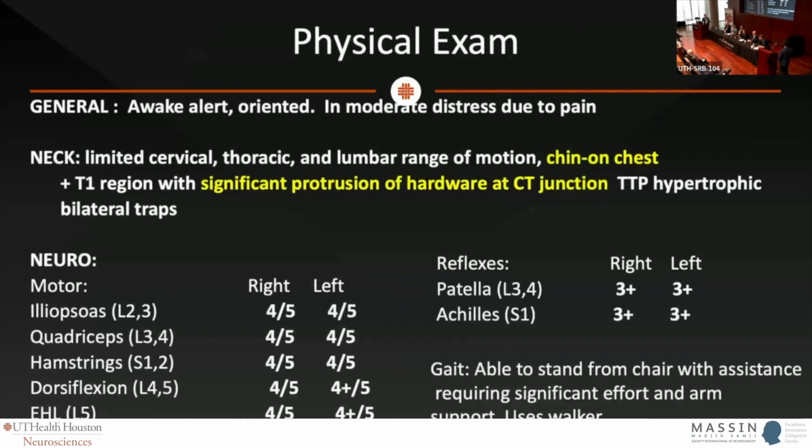On exam, she has distal lower extremity weakness with myelopathic symptoms, and also has protruding hardware at the cervicothoracic junction without any breakdown, but very tenuous skin.